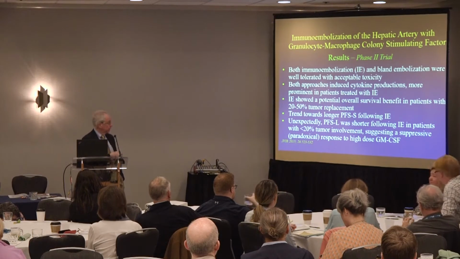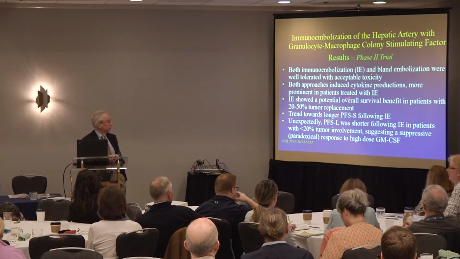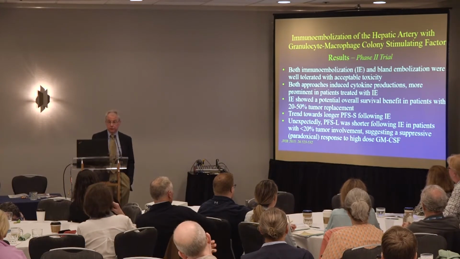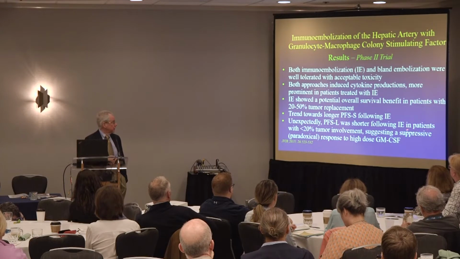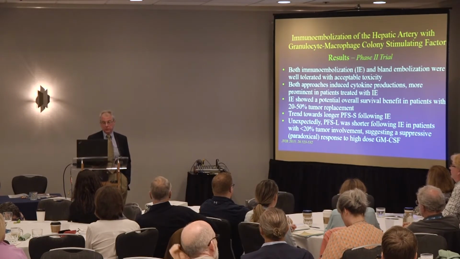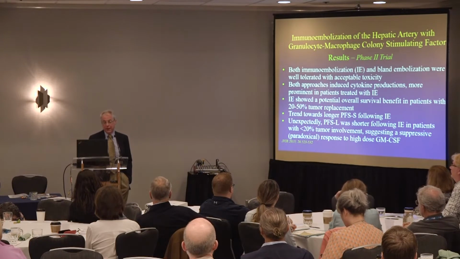This again showed that there was an overall survival benefit in patients who had 20 to 50% of their liver replaced by tumor. Unexpectedly, in patients with just a tiny amount of tumor in their livers, the tumors actually grew despite what we were doing. And it turned out that there was likely a suppressive or paradoxical response to the highest dose GM-CSF. I'll get back to that in a moment.